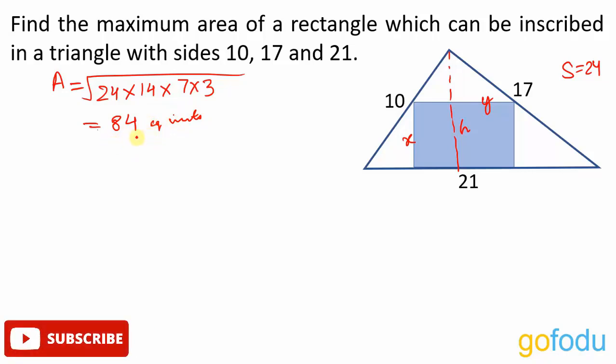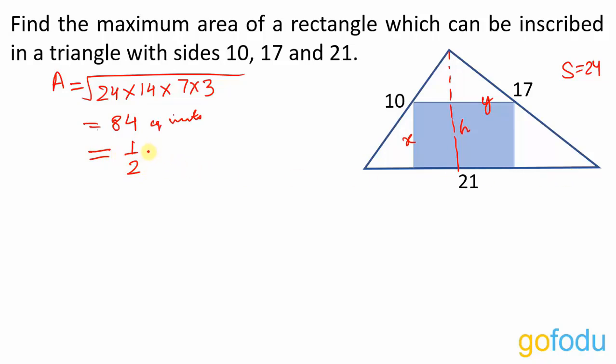Area of triangle is 84, which will also be equal to half of base into height. Half of base, that is 21, into height, that is h. From here we can get the value of h as 8 units. Okay. So this height is 8 units.